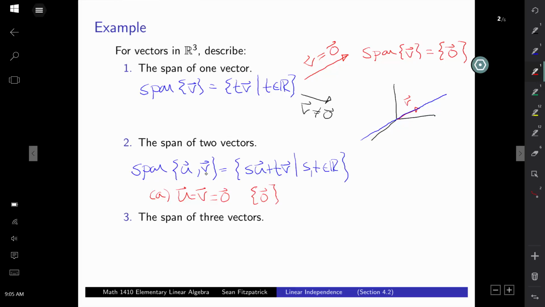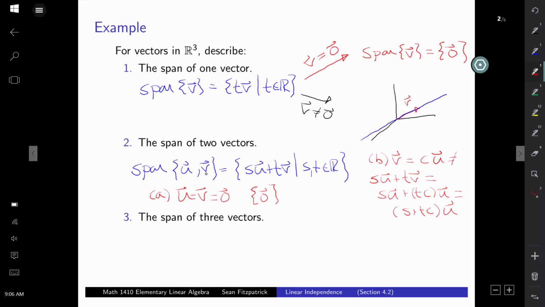Another possibility is that maybe V is a scalar multiple of U, say V equals C times U. U and V are parallel. Then SU plus TV would look like SU plus T times C times U, which would be S plus TC times U. You'd be dealing with just scalar multiples.